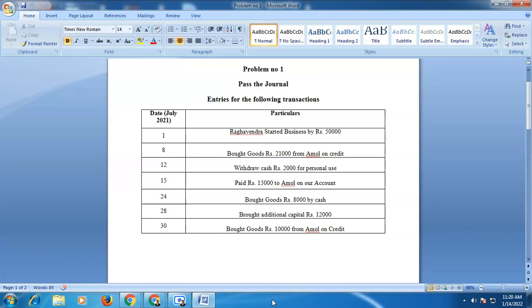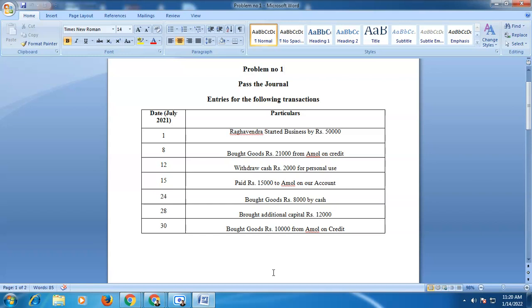Here you can consider that you are a businessman, you are Raghavendra, through which you can easily understand how to pass the journal entries with the help of these business transactions. The transaction on 8th July 2021 was: bought goods of rupees 21,000 from Amol on credit.